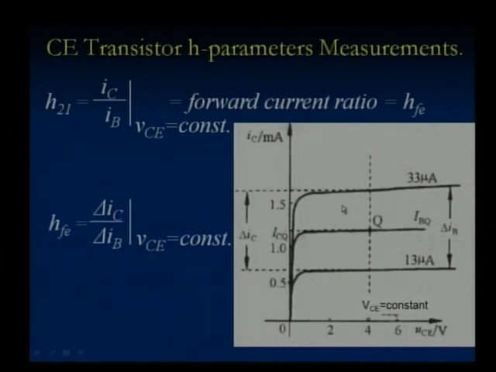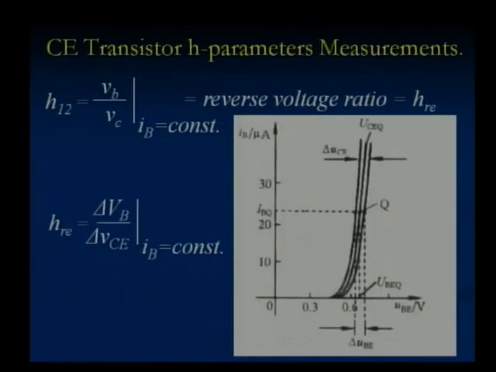Here this characteristics is for one IB, say 33. This characteristics is for another IB, 13 microampere. So we can go from these characteristics to these characteristics and we can find out the change in base current, that is delta IB, and correspondingly the second collector current and the first collector current. So this gives us delta IC. So using this output characteristics, we can find out HFE of a transistor in common emitter mode.